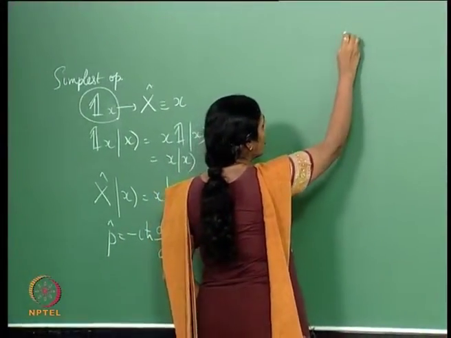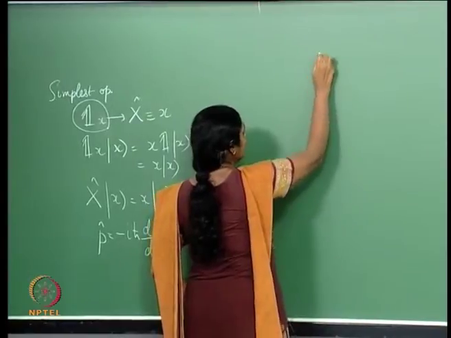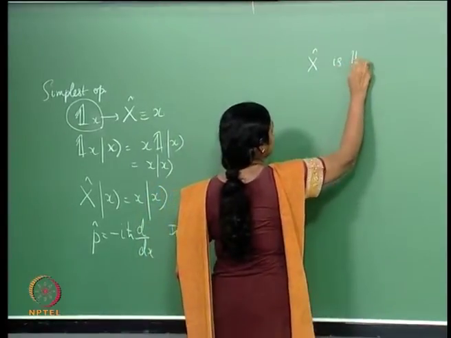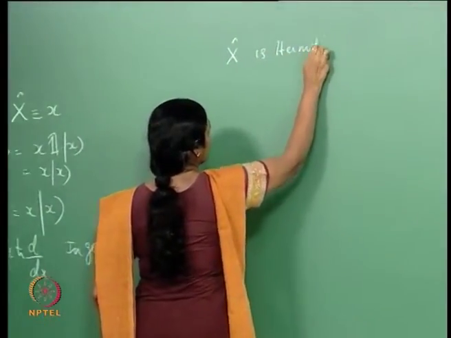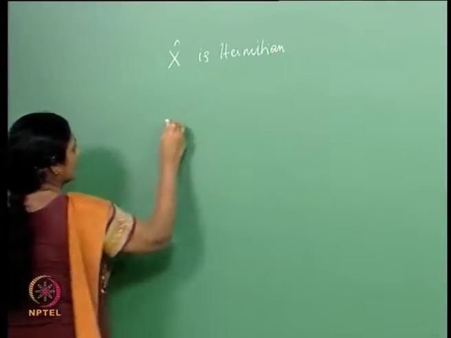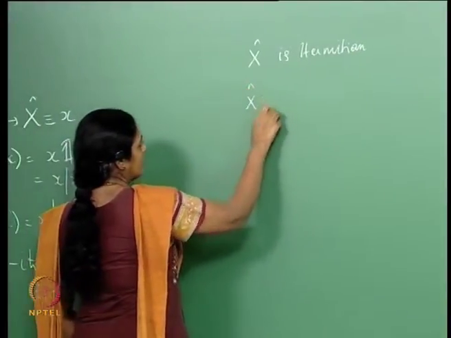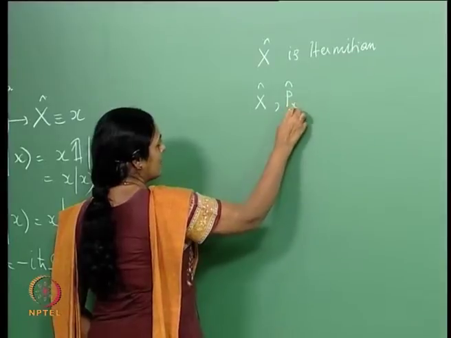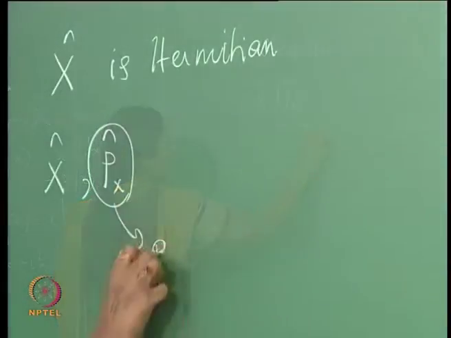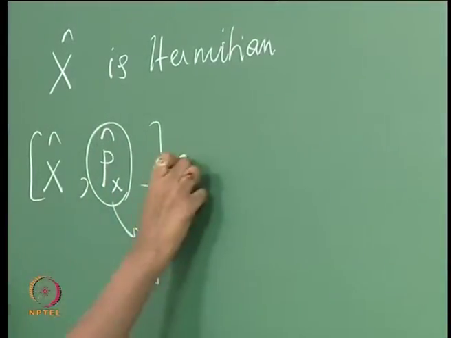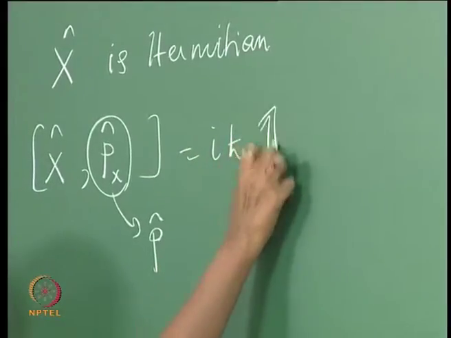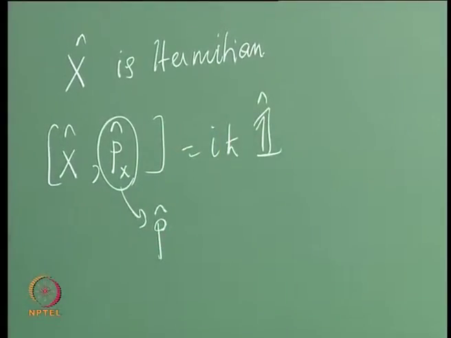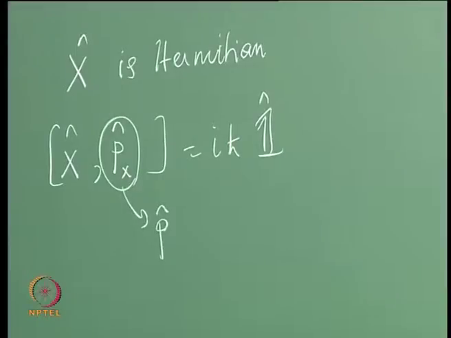Now, let us look at the commutator. Now, x is Hermitian because it is essentially the identity operator, and I have the commutator x p sub x. I am going to just denote this by p for the moment, is i h cross times the identity operator, and that is Hermitian. The identity operator is Hermitian.